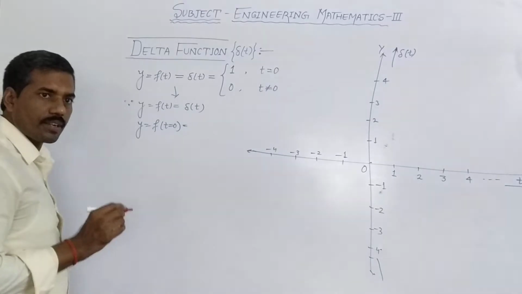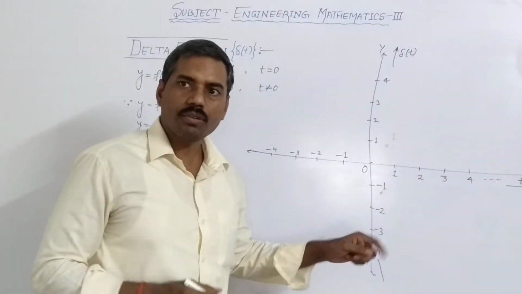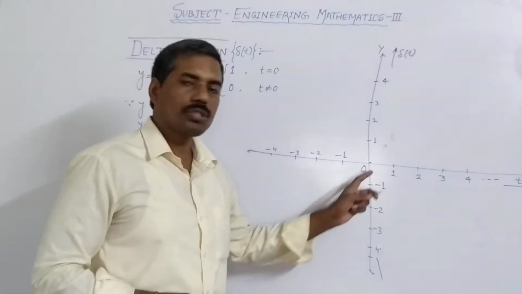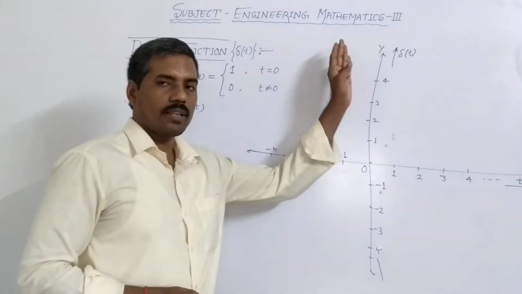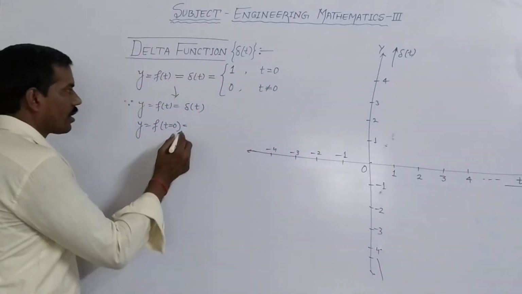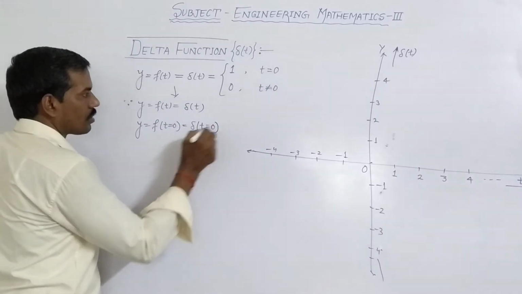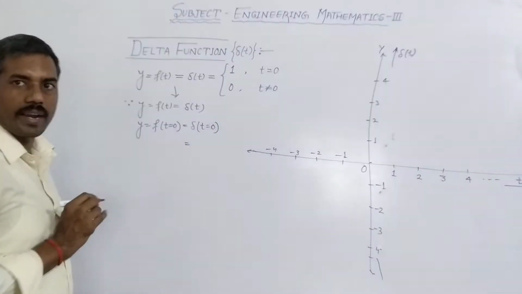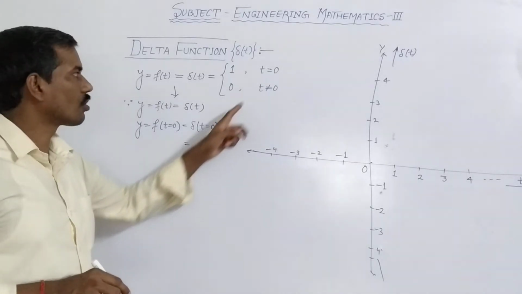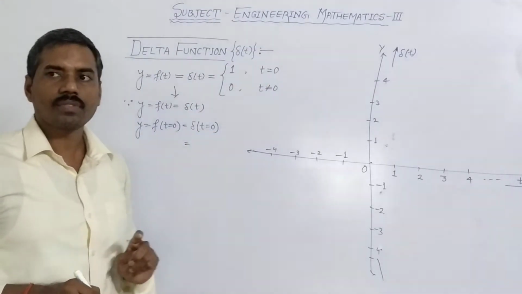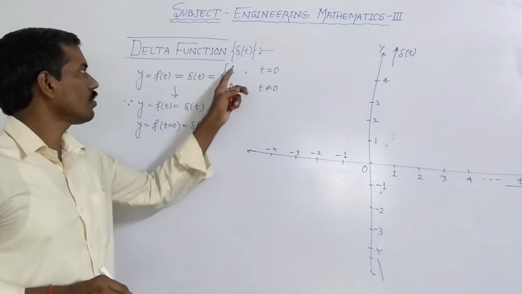This means we have to find the y coordinate at t equal to 0, that is, at the origin. We get delta of 0, and we know that delta at t equal to 0 is 1.